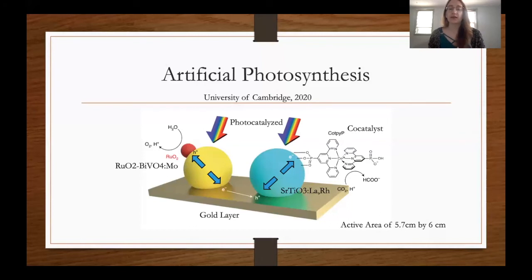That way, this would be able to occur without any outside sources. This aqueous solution coats the gold layer and the catalysts, converts water and CO2 to formic acid, which causes an increase in CO2 intake, which is a large issue, which has that climate change impact because it is a greenhouse gas.